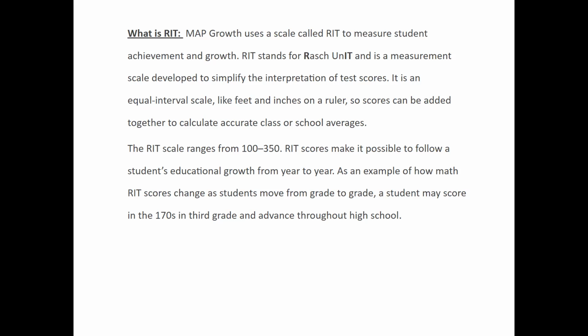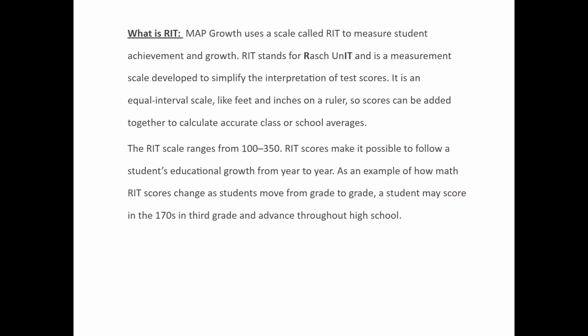RIT scores make it possible to follow a student's educational growth from year to year. Imagine what Ms. Rice's kids' graph is going to look like on the back of the page. You guys know your graph on the back of your page. It's going to be landscape style. It's going to be populated. Oh, it says a student may score in the 170s in third grade and advance throughout high school.